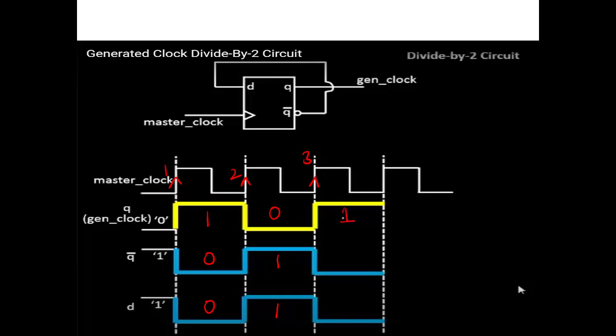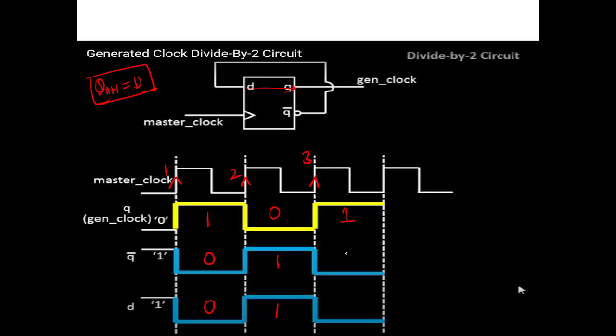Why? Because D is connected to Q. D is nothing but a sequential buffer. We already saw that Q(n+1) equals D, the D input you get at the next stage. So this is 1.